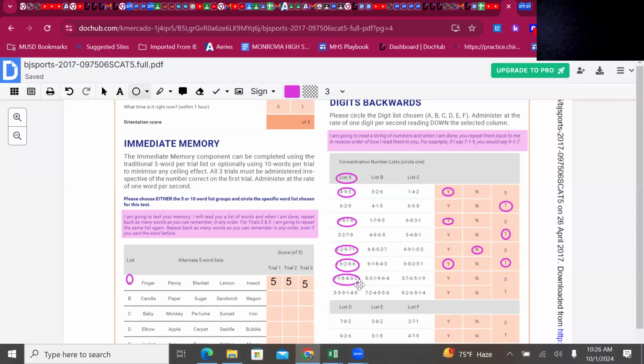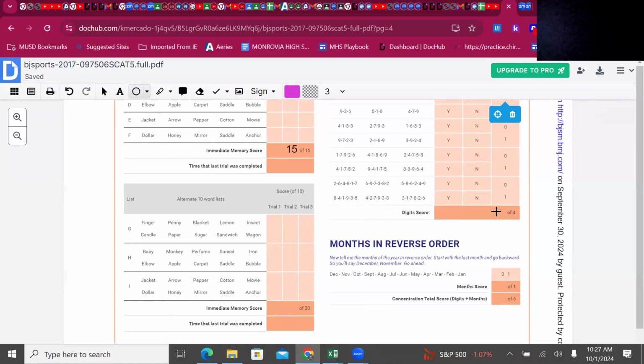I would circle a no. I would give her the next set of numbers, which is 539148. Let's just say she answered it incorrectly again. I would circle a no and give it a 0. For Red's concentration digits backwards, the total score would be 3. So when I come down to here, I would score it a 3 out of 4.